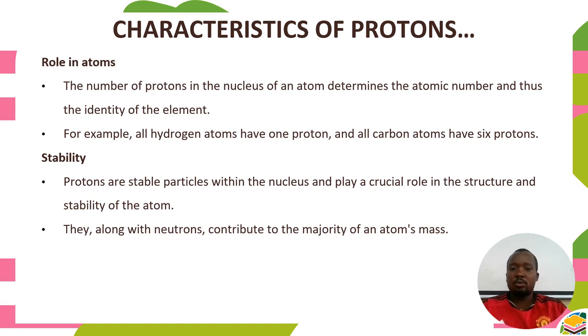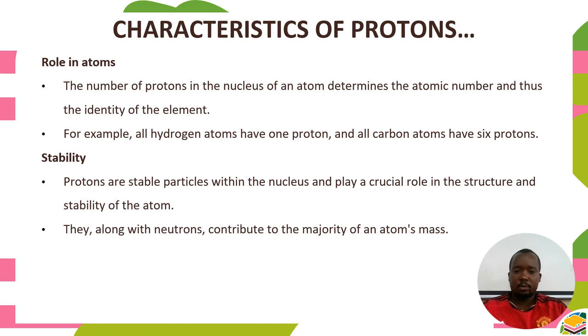The role in atoms of protons: the number of protons in the nucleus of an atom determines the atomic number. And this atomic number is the identity of an element. So you can always know an element using its atomic number.